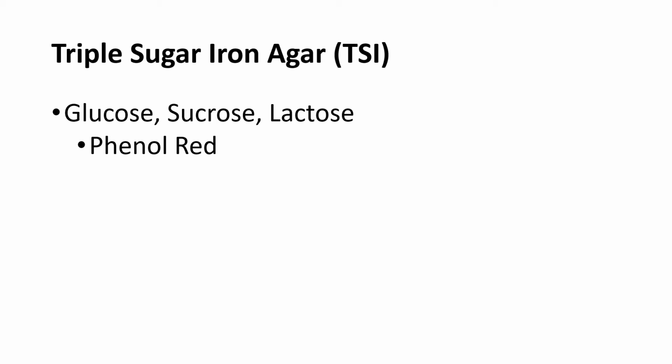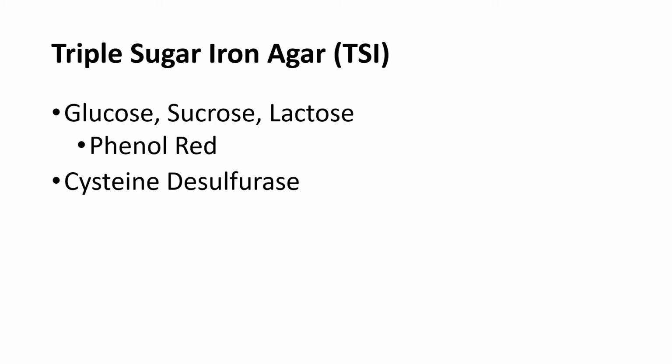So that's very similar to the experiments you did in single test media. So if the bacteria are able to utilize the glucose, sucrose, and/or lactose, they will release acidic byproducts and turn the media yellow.